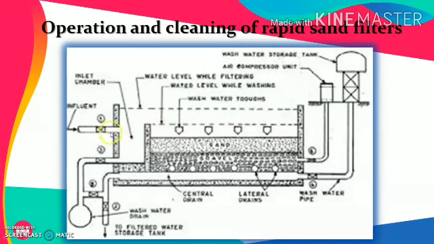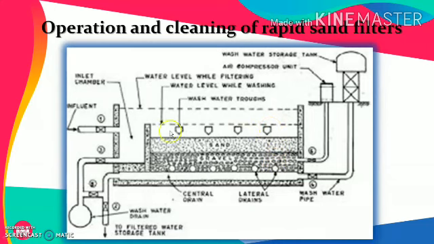During the normal course, water will enter from this place. It will flow through the sand and gravel bed, will enter into the laterals and then, after filtration, will be conveyed to the storage tank. While at the time of cleaning, the wash water will enter from this particular wash water tank, which is placed at sufficient height so that a good amount of pressure can be generated, and then will enter from this manifold to these laterals and will clean this, and then will enter into these wash water troughs.